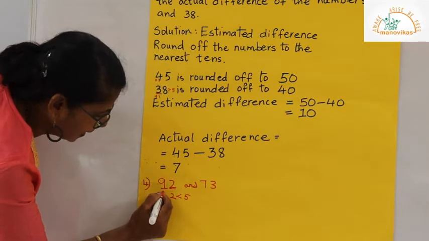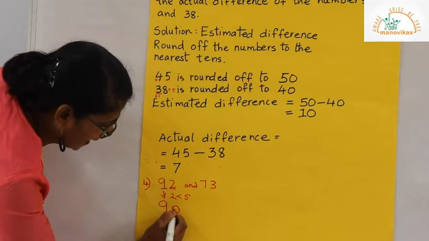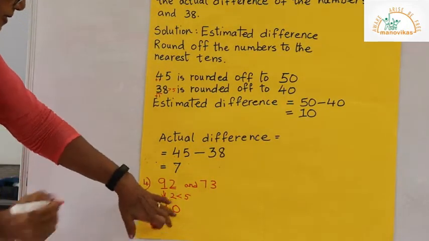It goes down, it doesn't go up. So you get 90. The estimated difference is 90.